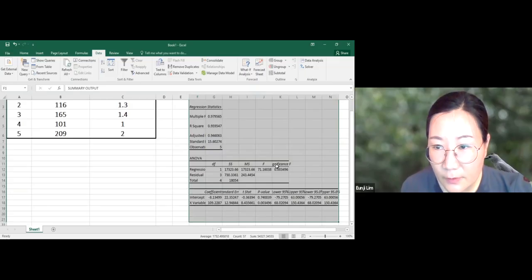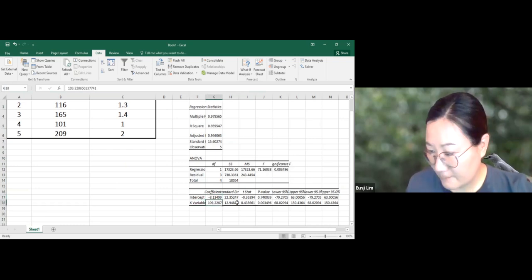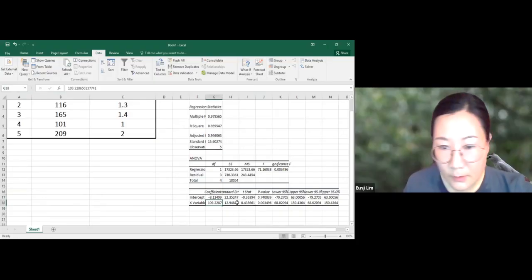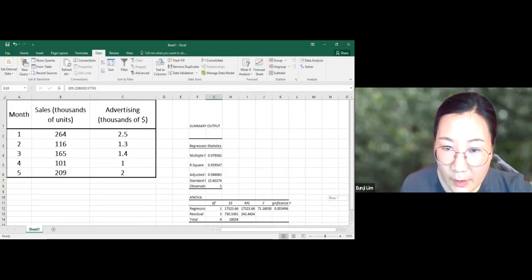Then Excel will generate 3 tables. So where can you find A and B? So in the third table, you'll see something called the intercept. This is A. And you'll see something called X variable. This is B. Okay, so here you can find A and B. And let's look at the first table.